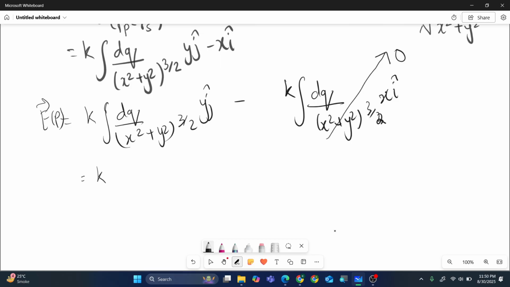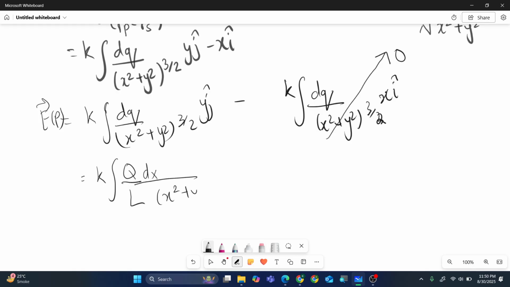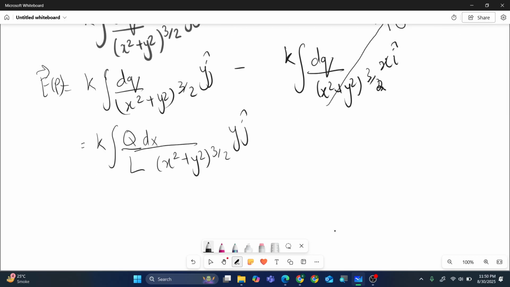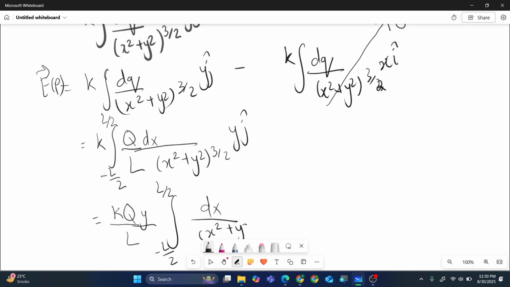Now I can replace this dq with q over L dx, which we have done before, over x squared plus y squared to the power 3 by 2, y into j unit vector, where my limits are going from minus L over 2 till L over 2. I can take out the constants, which are k, q, L and y, and then integrate dx divided by x squared plus y squared to the power 3 by 2 from minus L over 2 till L over 2, in the j unit vector direction.